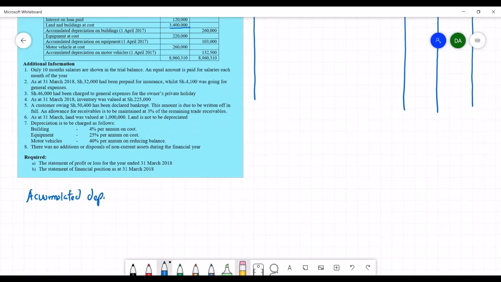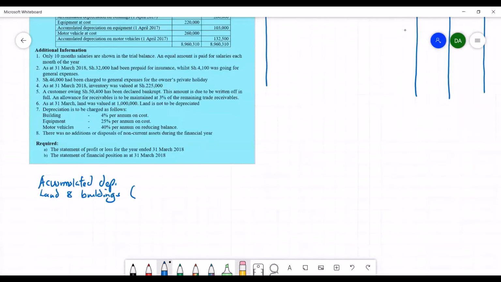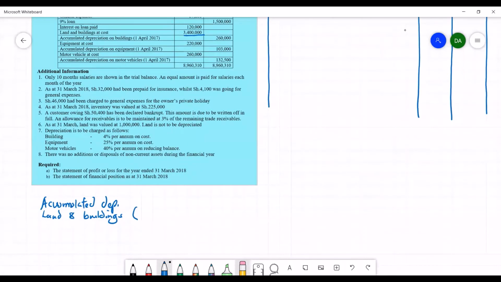At the beginning, the accumulated depreciation of land and buildings was 260, so we start with 260.